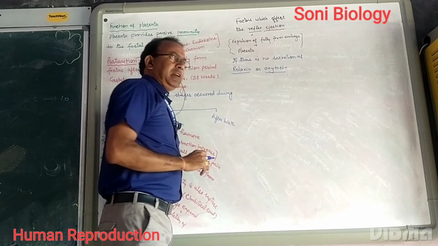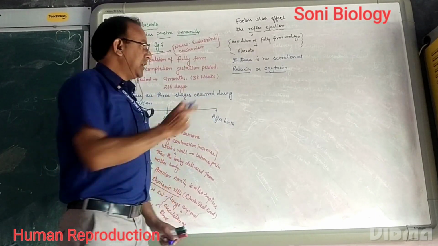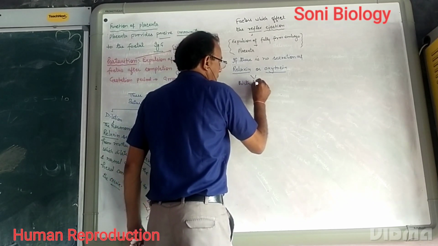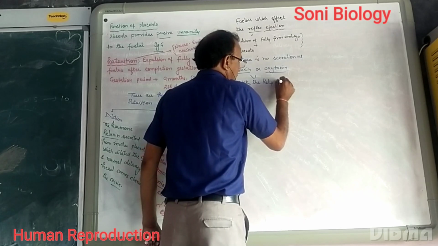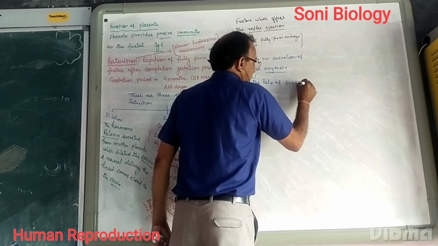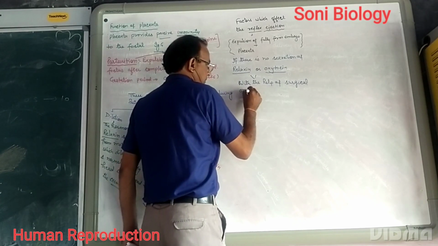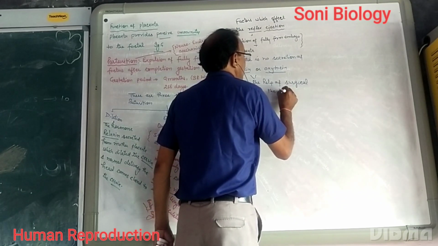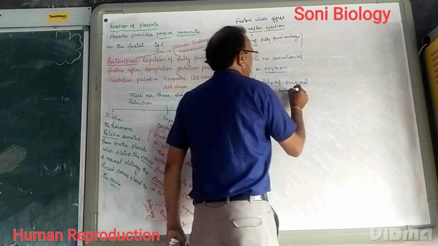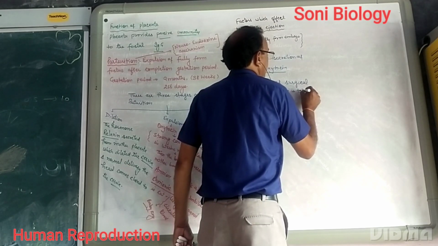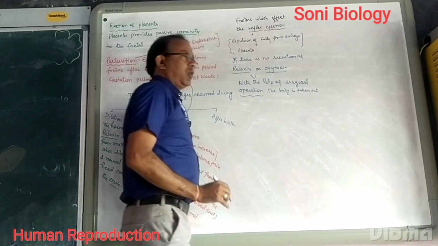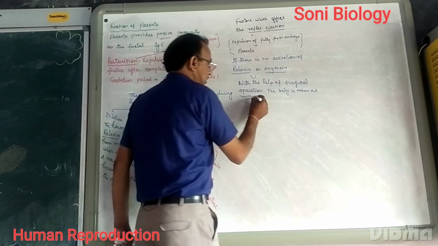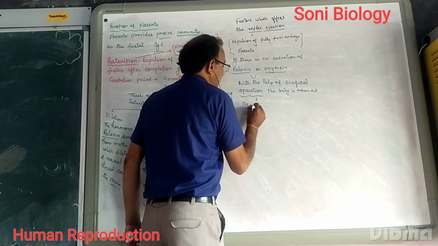If these hormones are not secreted, then with the help of surgical operation the baby is taken out or delivered. A baby born through surgical operation is called a cesarean baby.